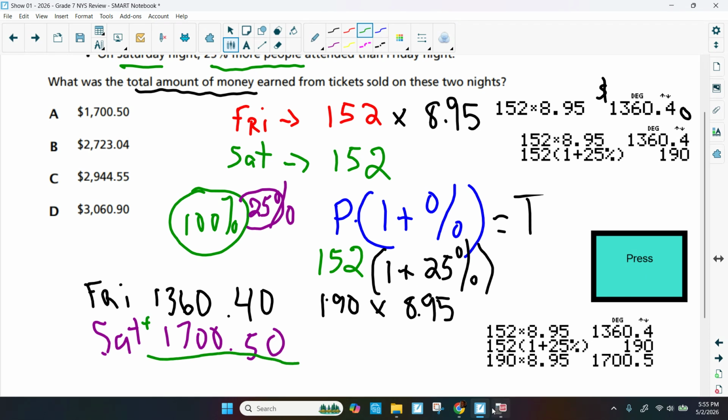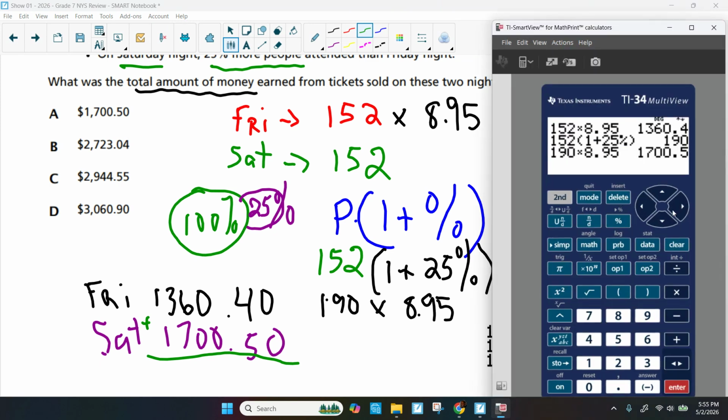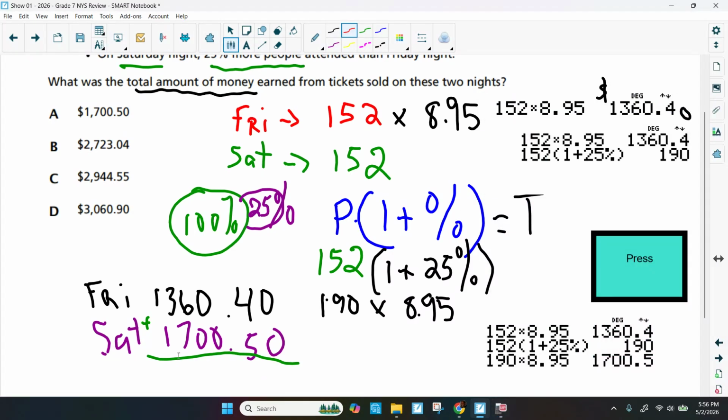And again, I have a calculator, so let's use it. So let's clear this. So 1360.40 plus 1700.50. A lot of work here, Dr. Rob. And that finally gives us a total of, and let me get another nice color.